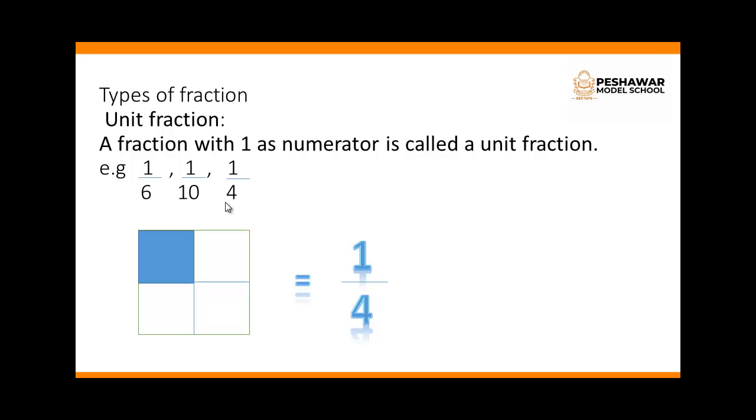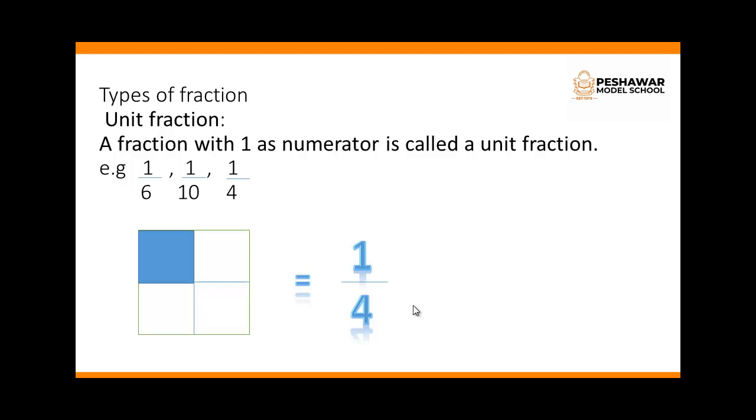Let us look at this example. This is a square and I divide it into 4 equal parts. In this, I am going to select just one part. Here is a part which I shaded in blue. So, the total number of parts is 4, which we write in the denominator.